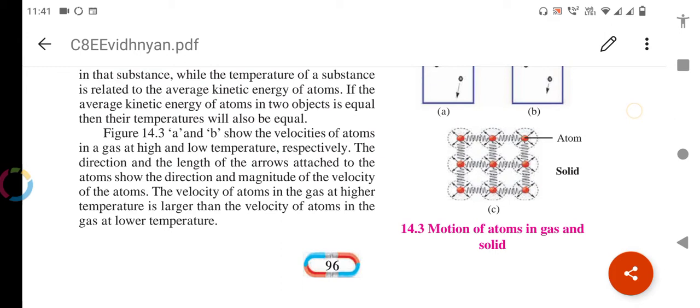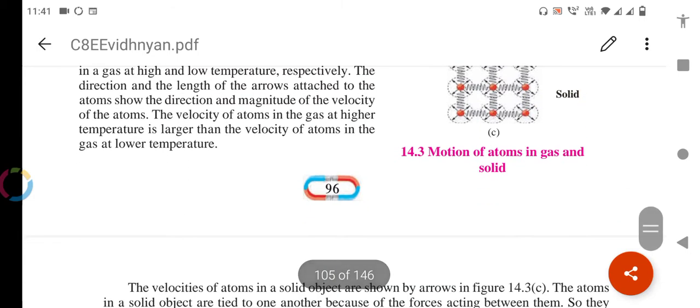The velocity of atom in the gas at a higher temperature is larger than the velocity of atom in gas at lower temperature. अगर गैस हाई रहेगा तो वेलोसिटी भी हायर रहेगा, अगर लो रहेगा तो एटम का वेलोसिटी भी लो ही रहेगा. ठीक है.